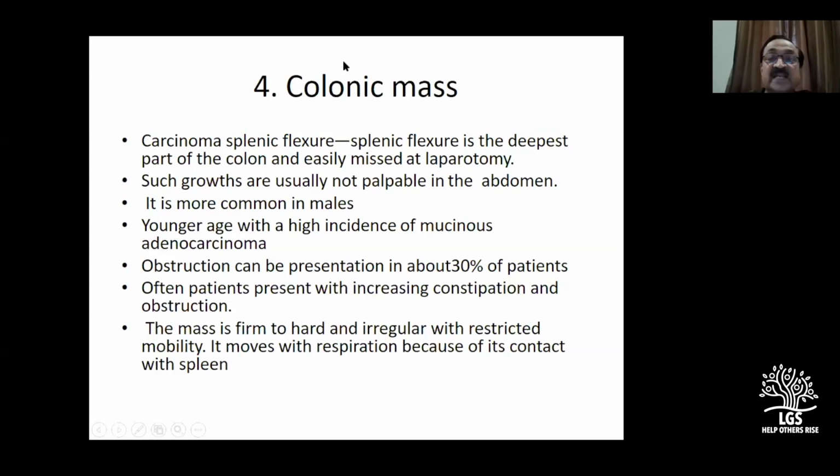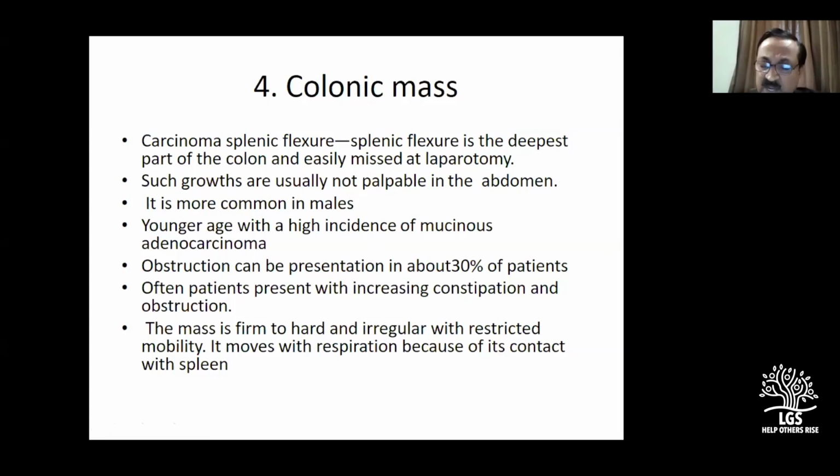Colonic carcinoma, splenic flexure mass, you should not give as a diagnosis for a mass in the left hypochondrium unless the patient has features of intestinal obstruction, because they are usually constrictive lesions. When you think about anatomical structure, one has to consider colon also here, and so this is one of the differential diagnoses for a mass in the left hypochondrium.